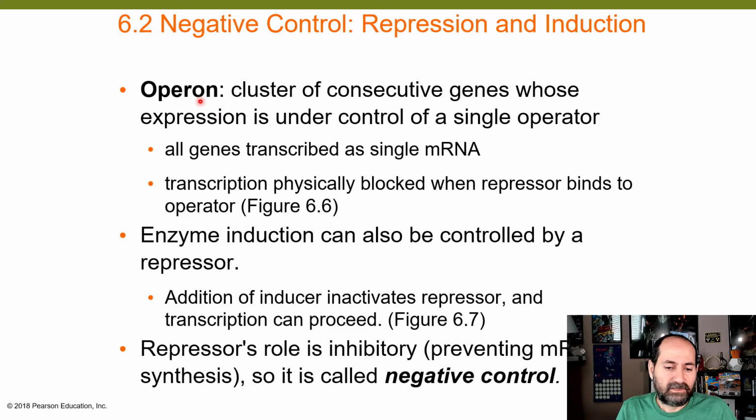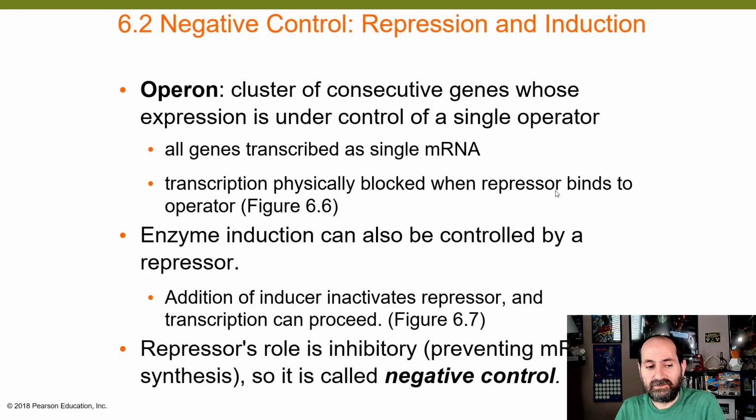Again, what did I tell you an operon is? Normally found in prokaryotes, not eukaryotes. It's a cluster of consecutive genes like LAC-Y, LAC-Z, LAC-A, whose expression is under the control of a single promoter, single operator. All genes are going to be transcribed as a single mRNA, and transcription can be physically blocked by a repressor, and transcription can be activated by an activator, right?